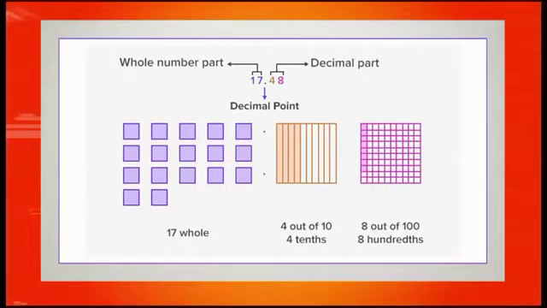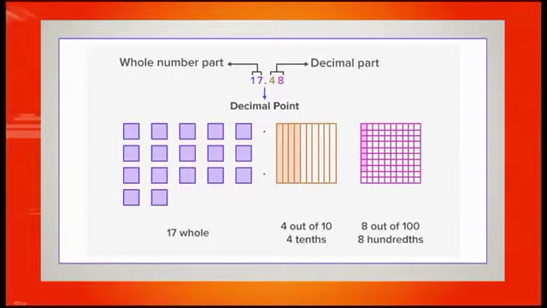That 4, which is to the right of the decimal point, really represents 4 out of 10. What we're saying is the whole would have been divided into 10 parts, and we would have given a characteristic to 4 of those parts. As you can see, 4 out of the 10 parts is shaded, and that's why I would say that's 4/10.